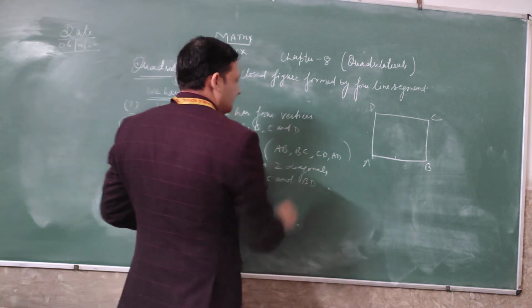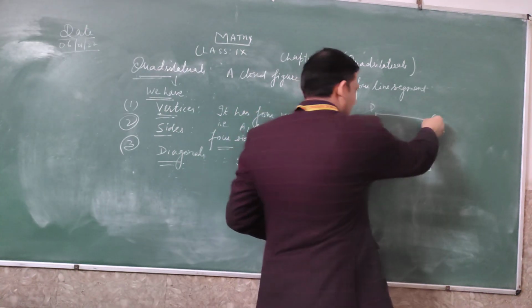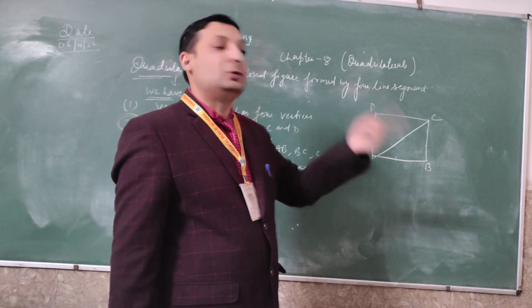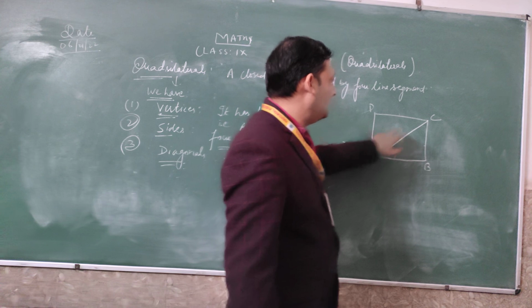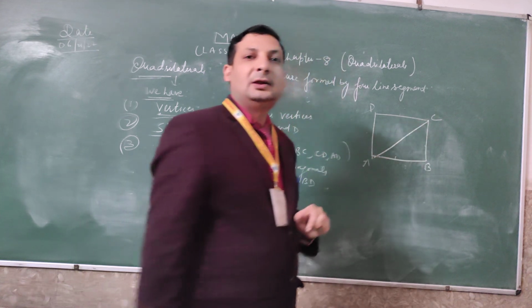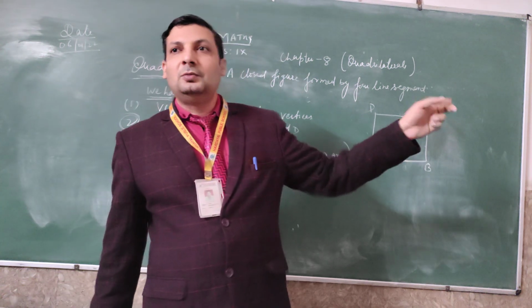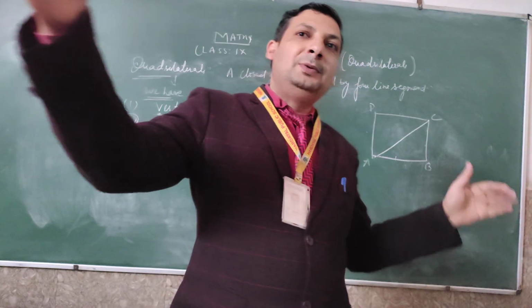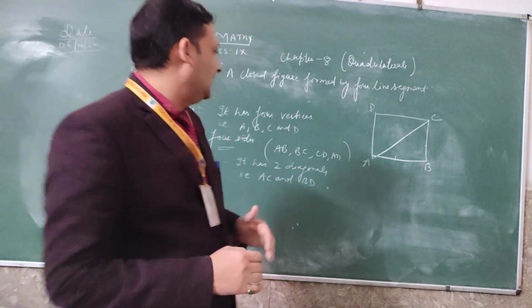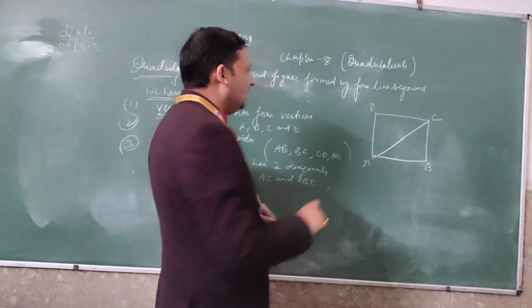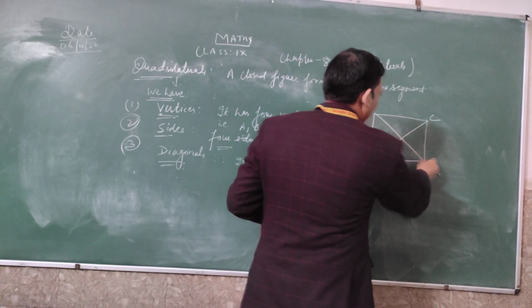See here, when I join any 2 opposite points, I will join points A and C, and it will form a diagonal. It means one corner of the room and the opposite corner, when we join them by a line, that makes a diagonal. So what is the name of one diagonal? AC, and the other is BD.